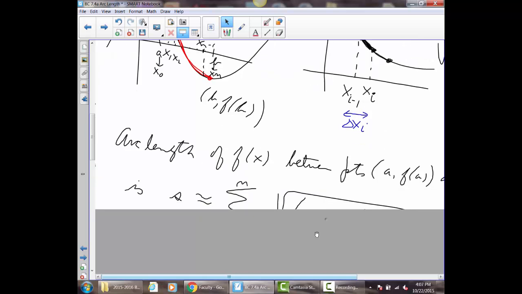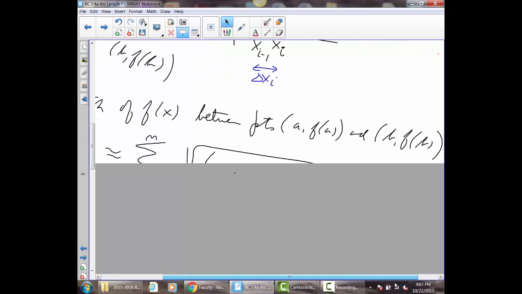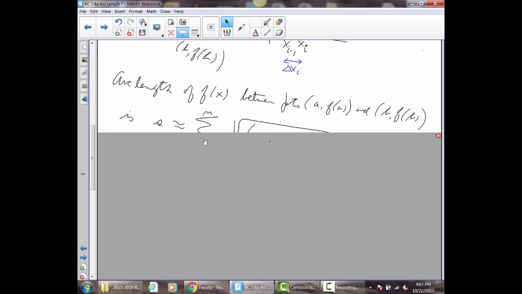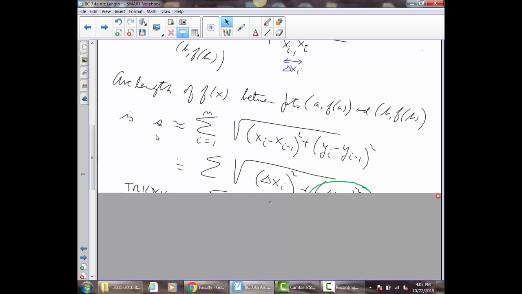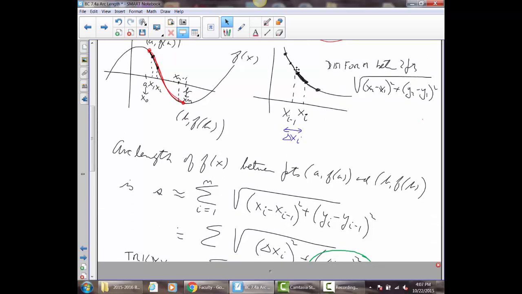So the arc length of the function between the points (a, f(a)) and (b, f(b)), for some reason we use the letter S, would be approximately equal to the sum of the lengths of all these little teeny tiny segments.